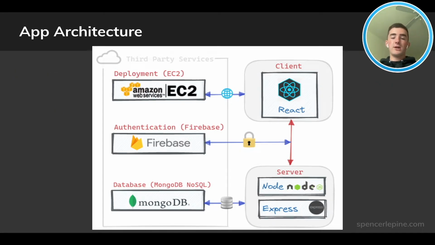So here's a diagram of how everything is connected from the database to the API, which uses Firebase authentication when talking to the client, and then users can access the front-end React through the EC2 instance.